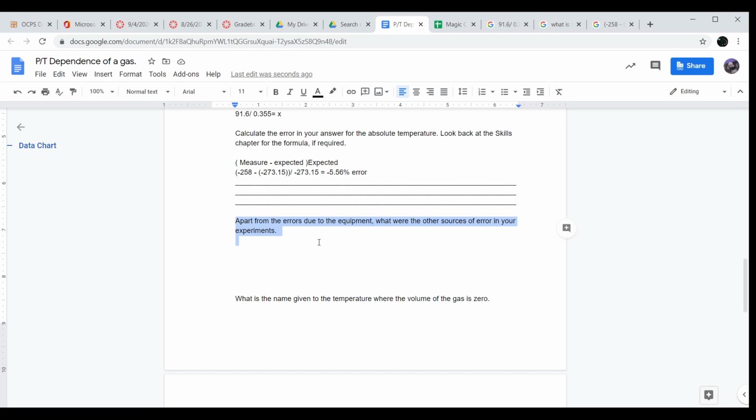Is it possible that the initial temperature that Mr. Bradley did it at might affect it? Is it possible that there's some pressure left over from the hose itself? What is an ideal gas? And were the gases in there an ideal gas? Those are different questions that you can answer in there, and that would show that you have a bit more understanding of this particular problem.